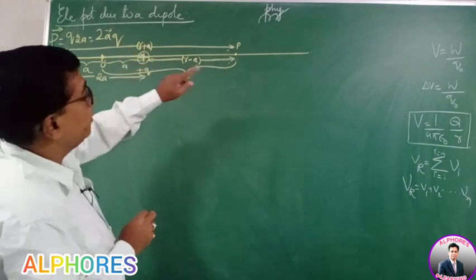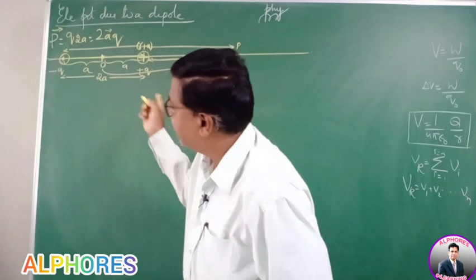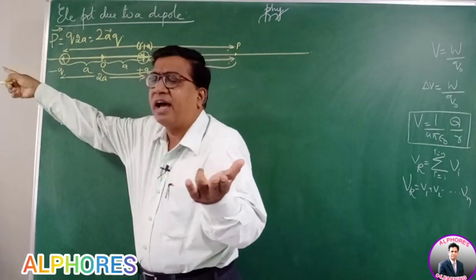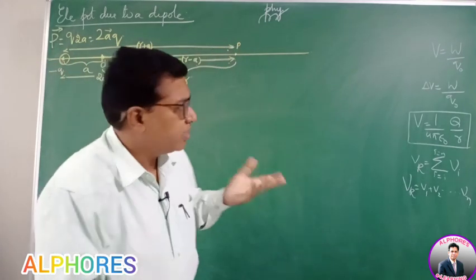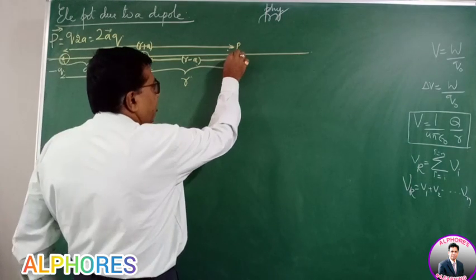If you take the same point on the other side of the axial line, the distance from the negative charge will be r minus a, and from the positive charge r plus a. Doesn't matter, right?